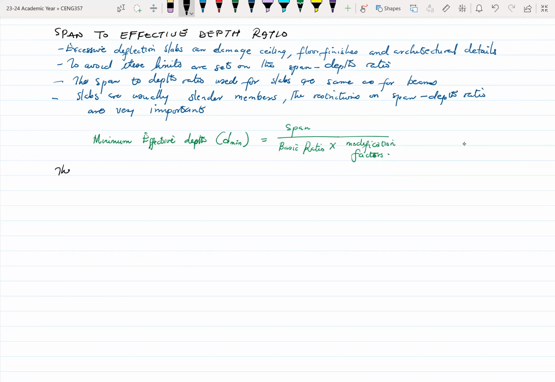The modification factor is based on certain parameters. One of them is based on the area of tension steel, and it's typically the one in the shorter span.